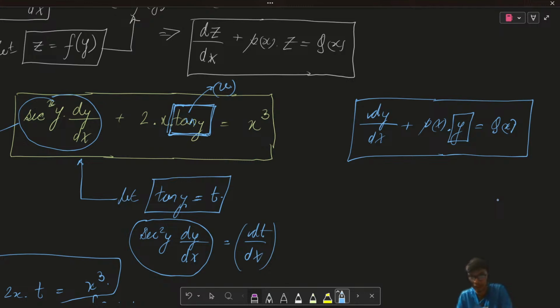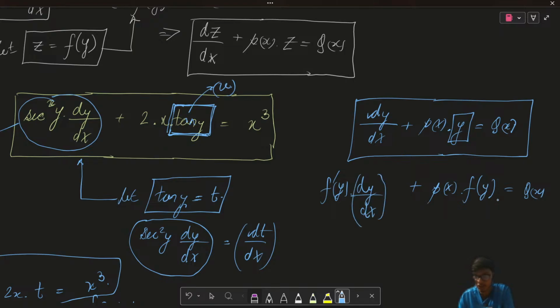So in this question, it is basically given as some function of x into some function of y, and instead of dy upon dx, I have the derivative of that function of y multiplied with dy upon dx. So this is the form.